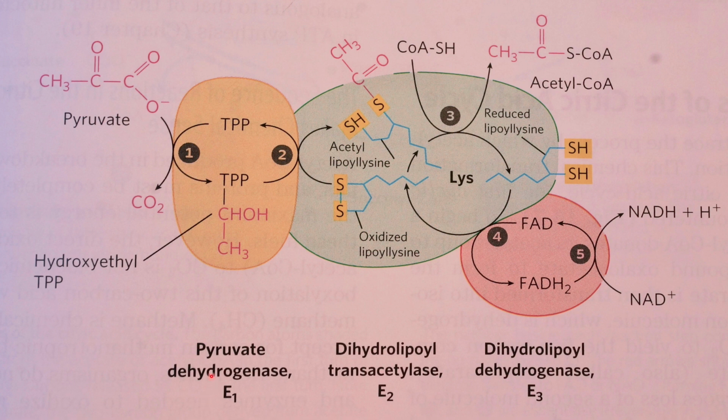There are 3 complexes: pyruvate dehydrogenase, dihydrolipoyl transacetylase, and dihydrolipoyl dehydrogenase, E1, E2, and E3. So in the first of these reactions, pyruvate is converted into an intermediate with TPP, with elimination of carbon dioxide.